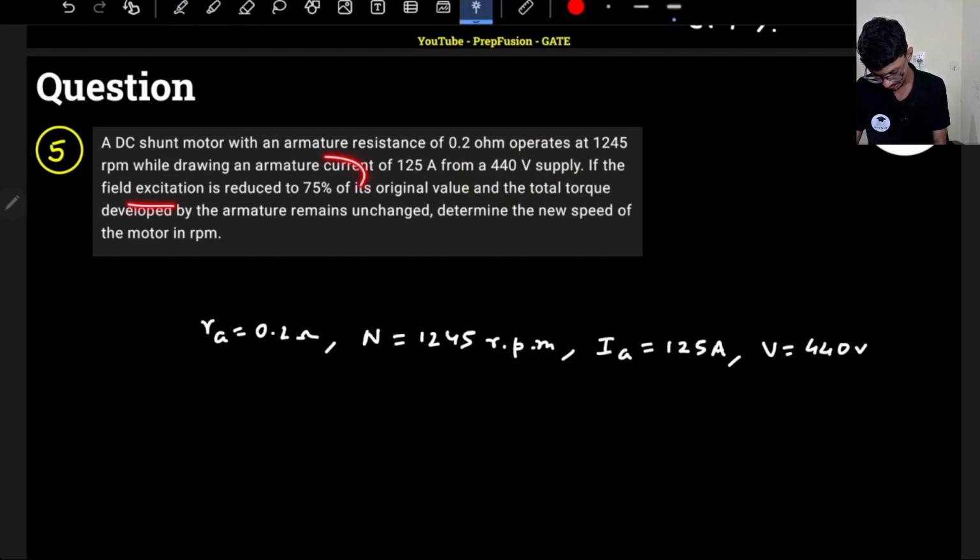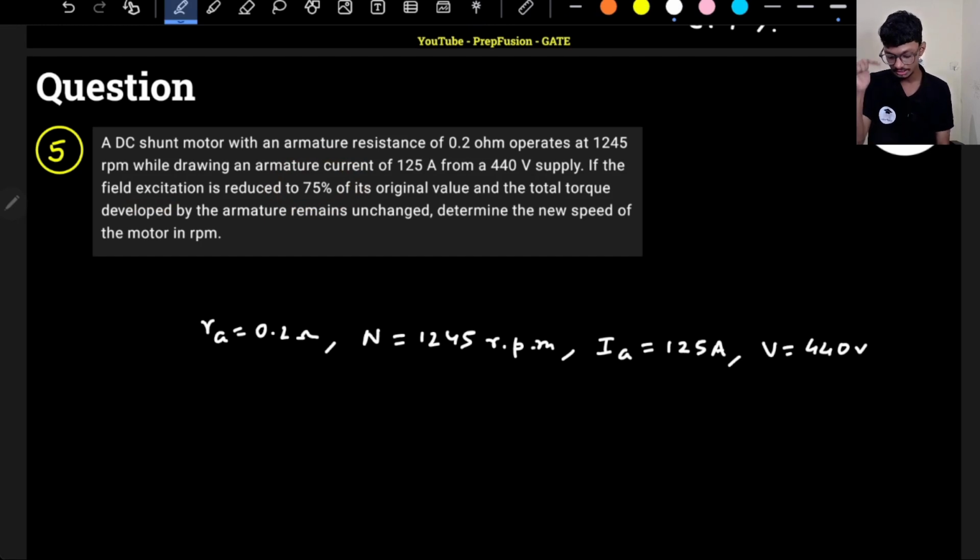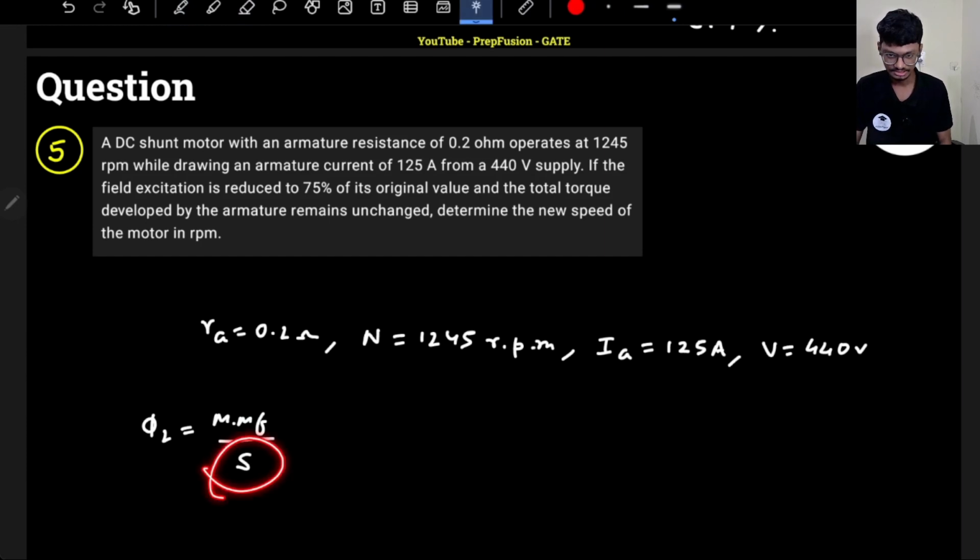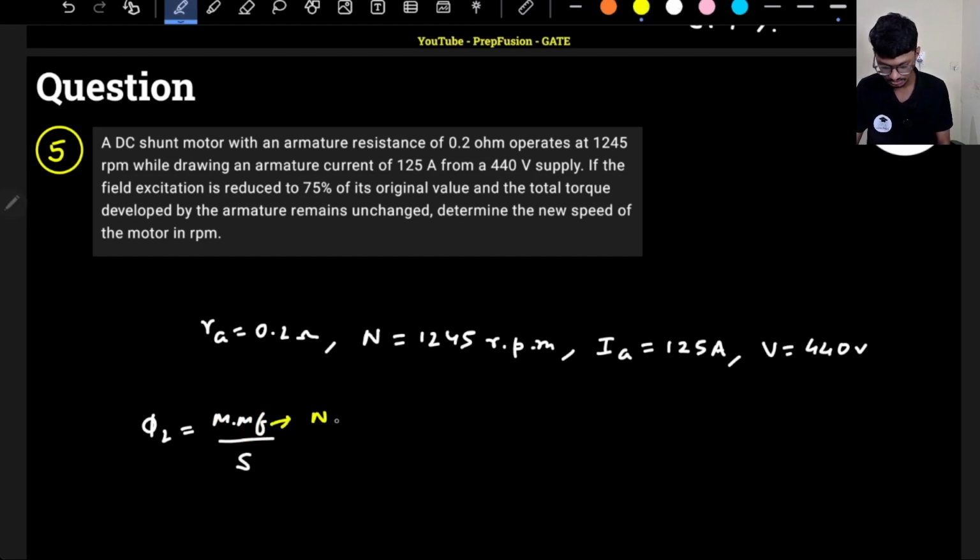If the field excitation is reduced to 75% of the original value, what is my phi 2? Phi 2 is mmf upon reluctance, right? Reluctance will not change, it is a constant value that depends on geometric parameters. mmf is N into I, and the number of turns will not change, you will not go into the machine and change it.